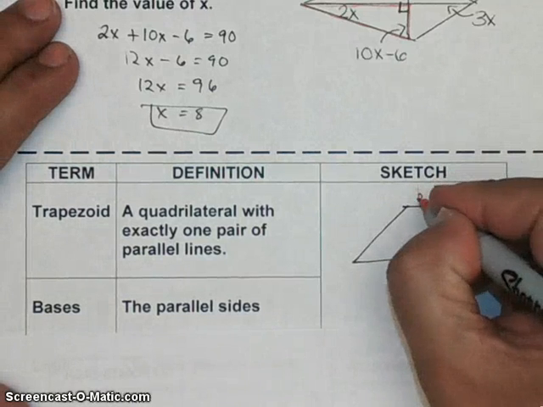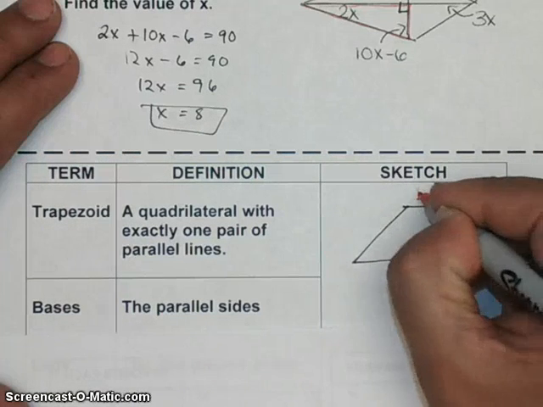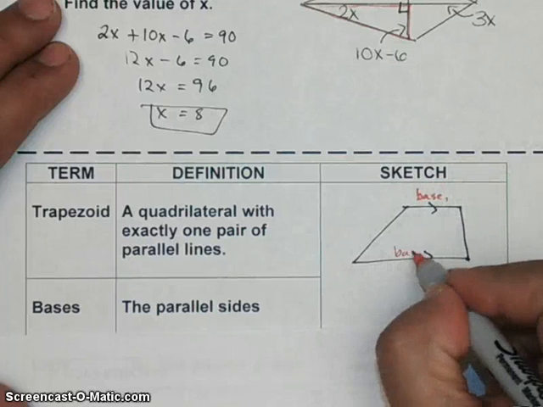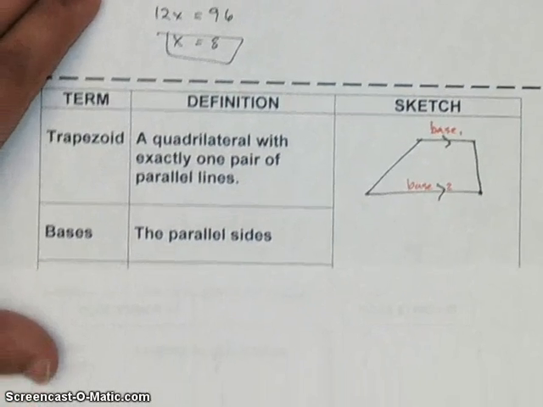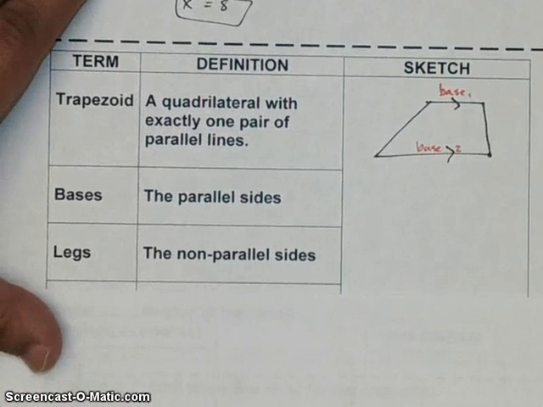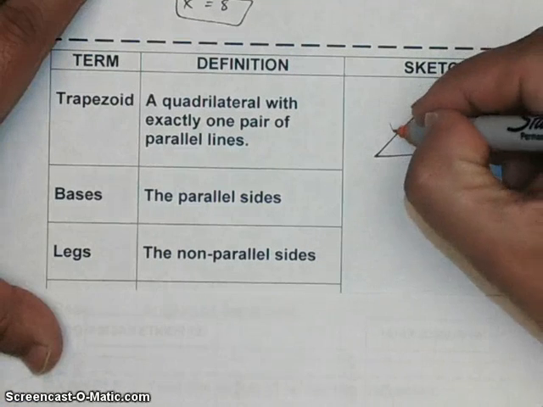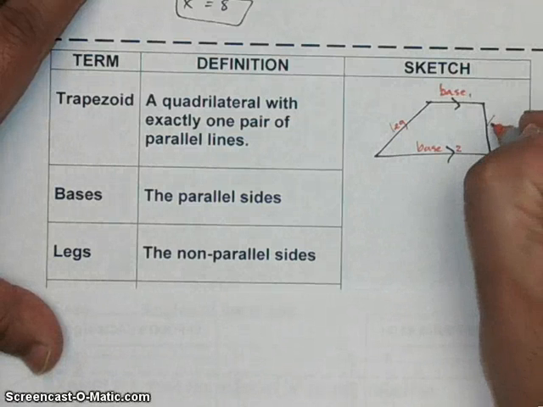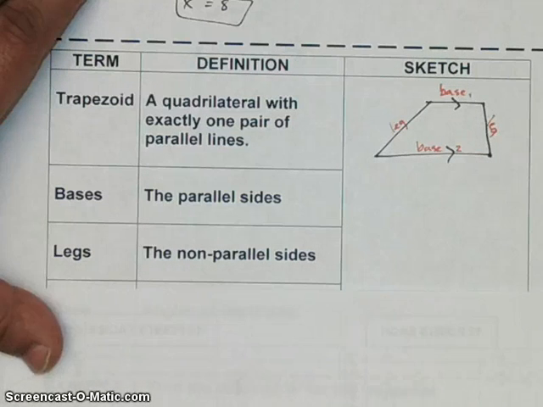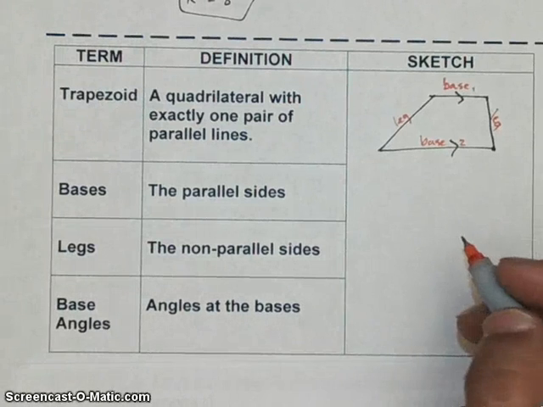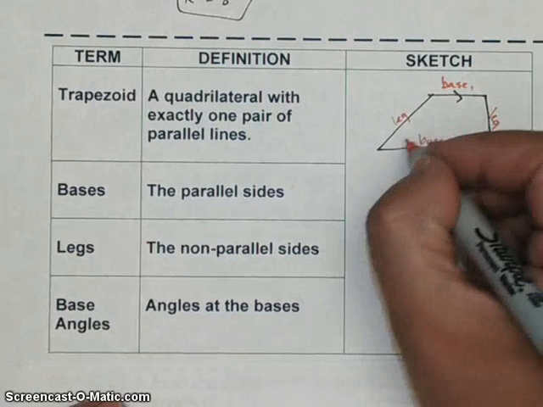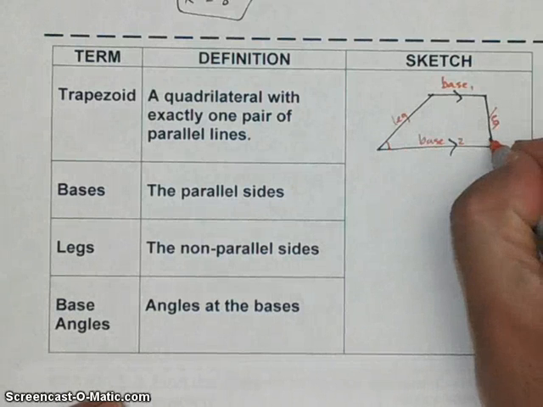We're going to call this top one base 1. This bottom one we'll call base 2. And then the non-parallel sides are called legs. So this would be a leg, and this would be a leg. And the angles at the bottom, these would all be base angles.